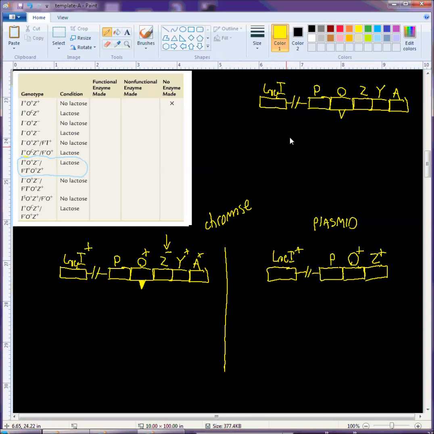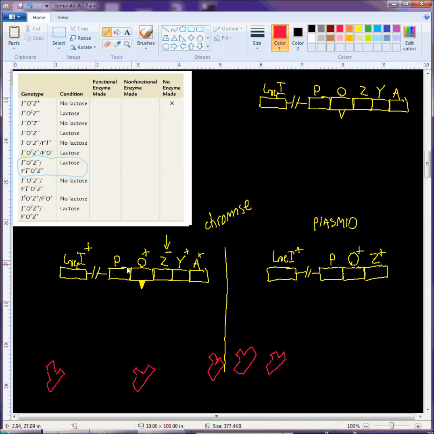And the question is telling us lactose is present. Okay, so let's diagram the lactose. Lactose is present everywhere. And I have this line here, but keep in mind that these aren't really separated in the cell, right? They're on different DNA molecules, but they're in the same cell.